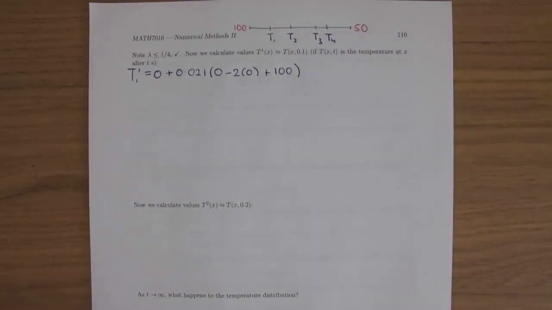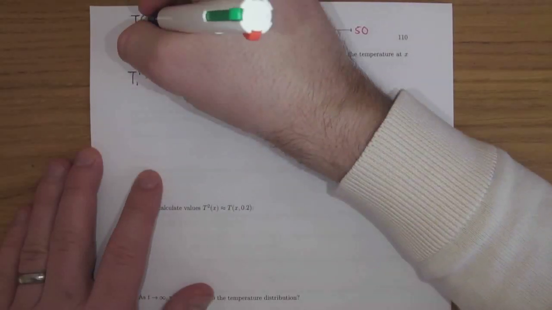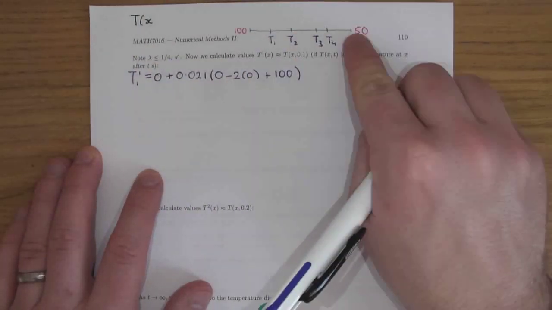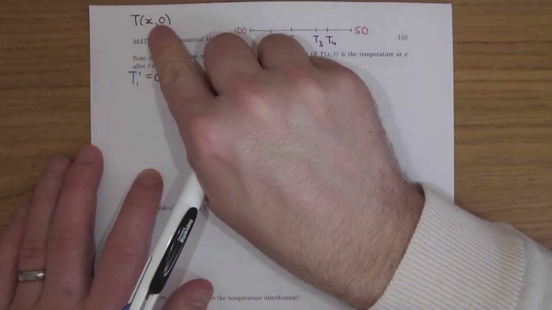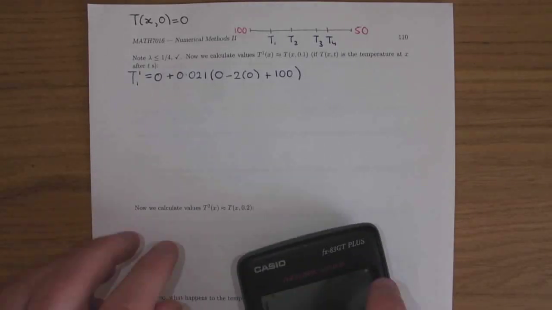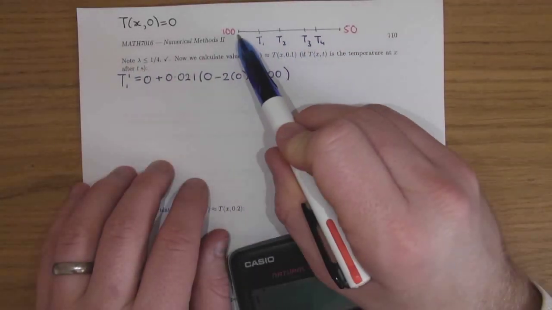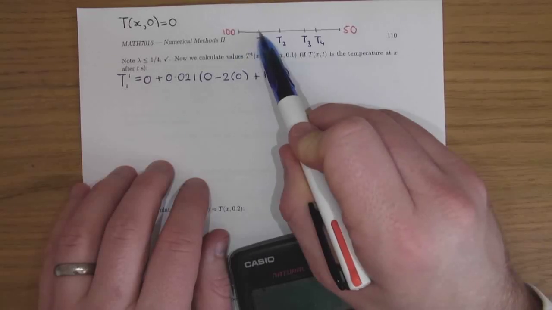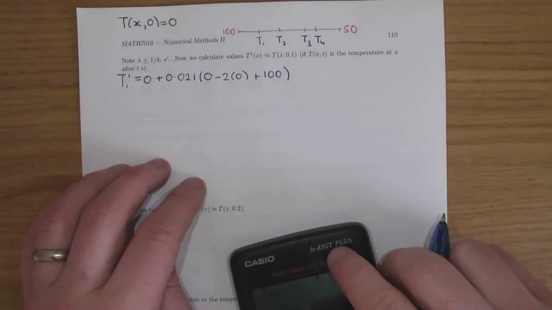So what I might write down above here is the initial condition: for all possible distances that are not 0 or 10, at time equal to 0, the temperature is 0. Okay, so what we see here is, when we actually do the maths, there is a net heat flow from here to here, which means this temperature is going to rise.